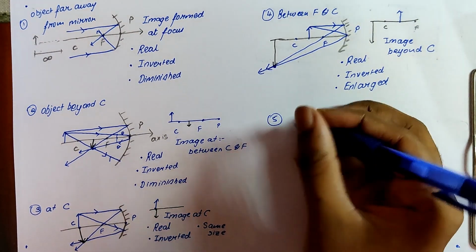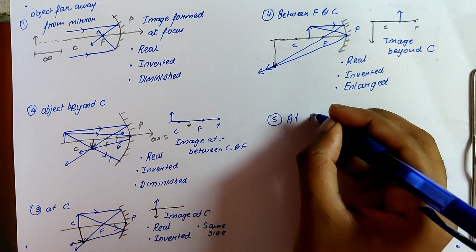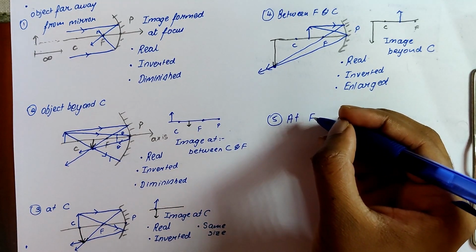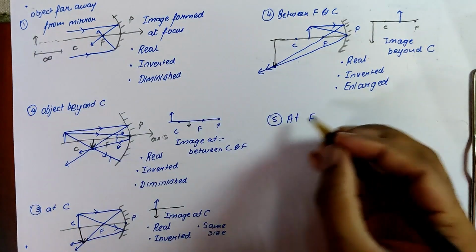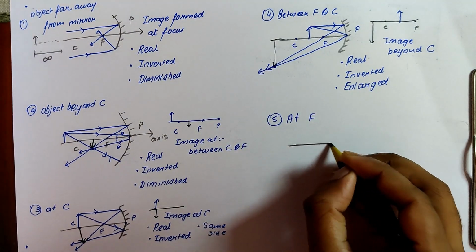Point number 5. At F. Now at F, the object will be at F, but the image will be interesting.